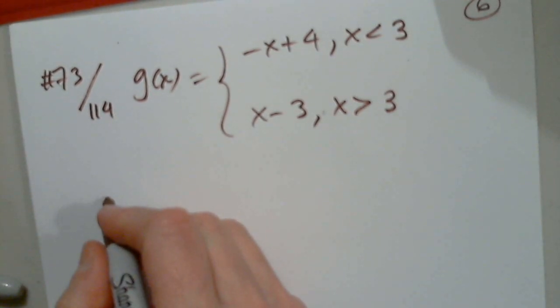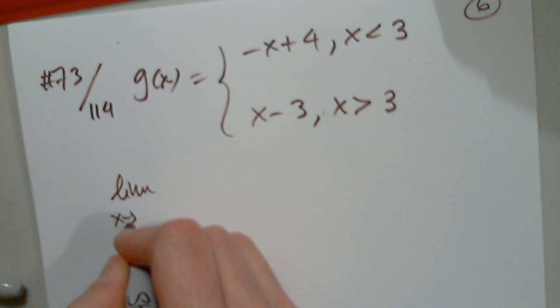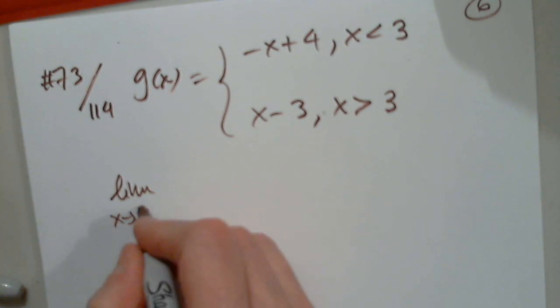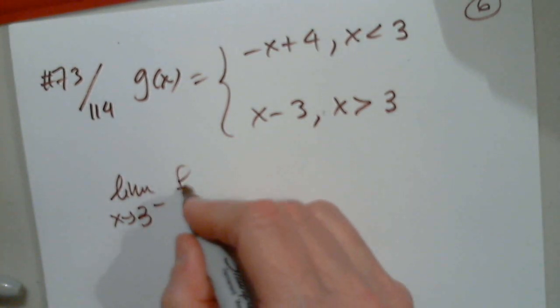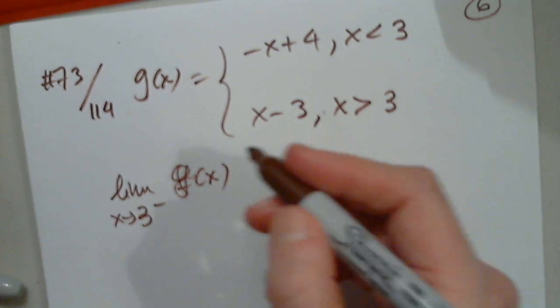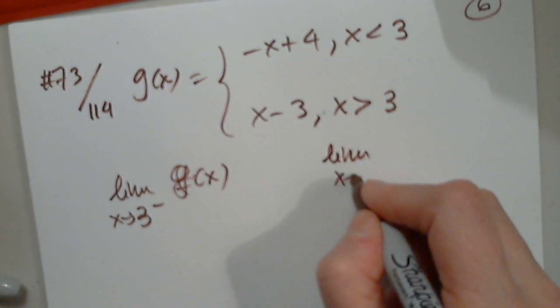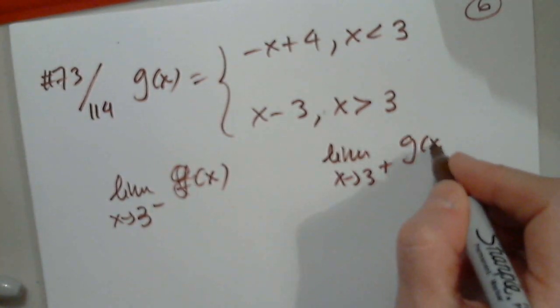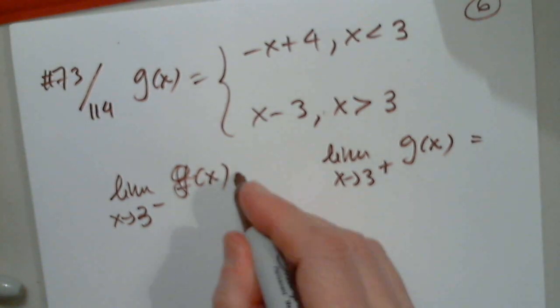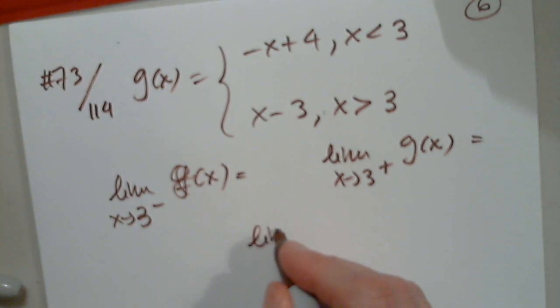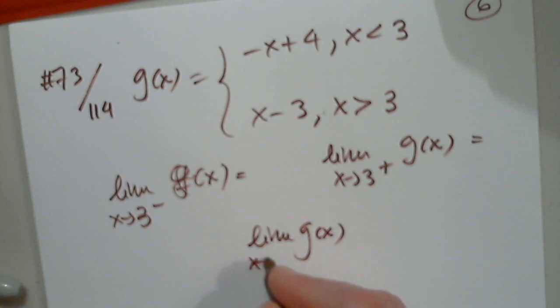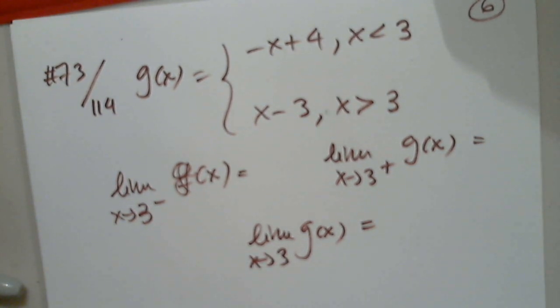So they're asking us to graph this and then find the limit as x approaches 3 from the left of g of x, and then the limit as x approaches 3 from the right of g of x. And finally, of course, the limit from either side, the limit of g of x as x approaches 3. So we have to graph this function. And if you remember, we start by finding the domain.